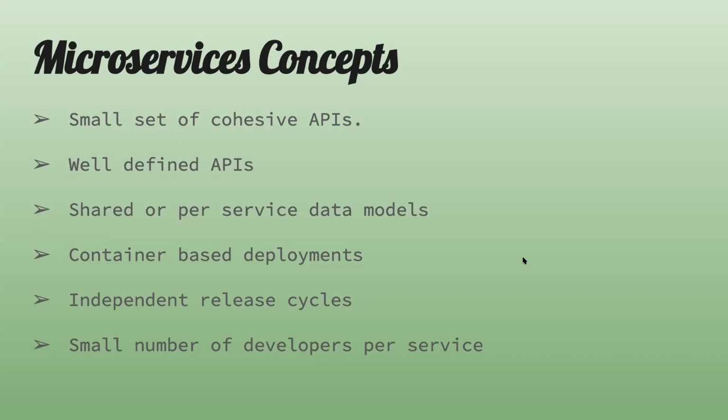The next thing is, since we are deploying these services in containers, the container management itself will be a problem. For that, there are platforms like Kubernetes and Docker Swarm, where we can deploy and manage these containers. So container management itself is a huge task.